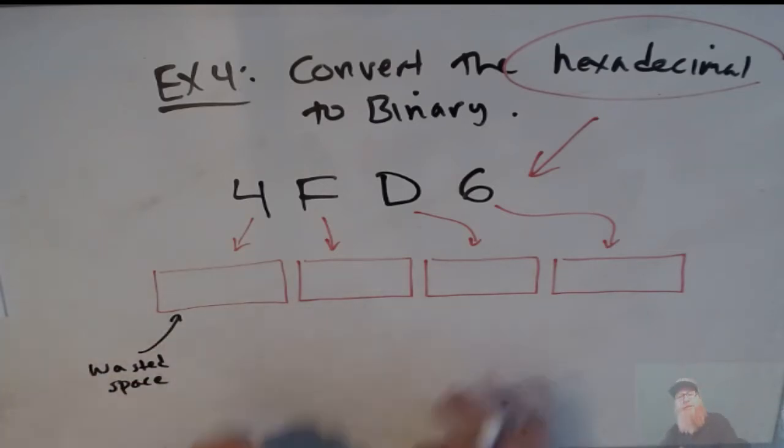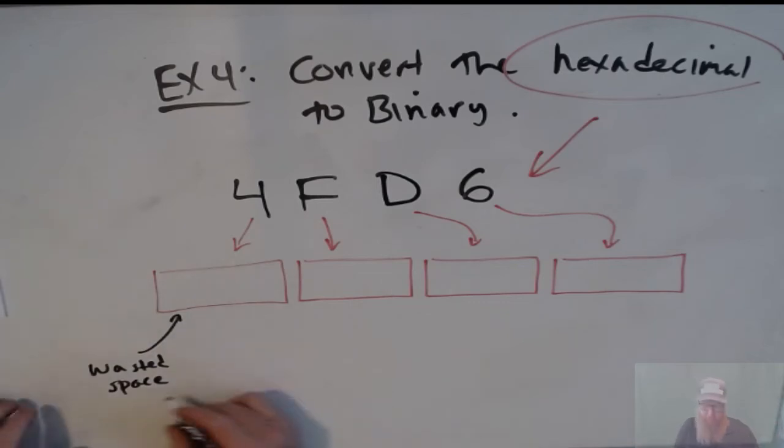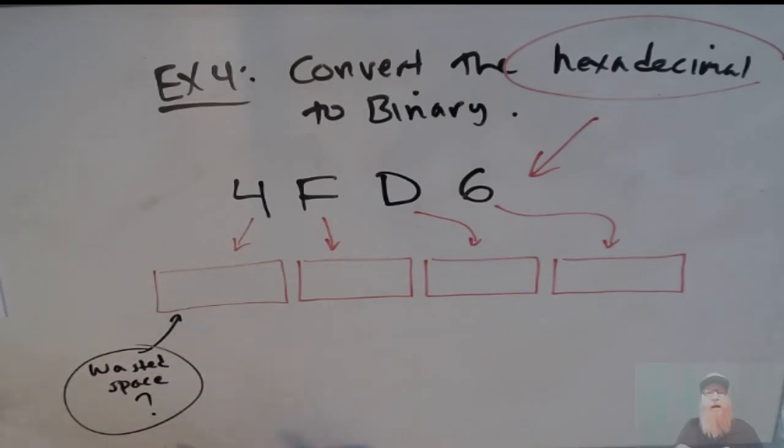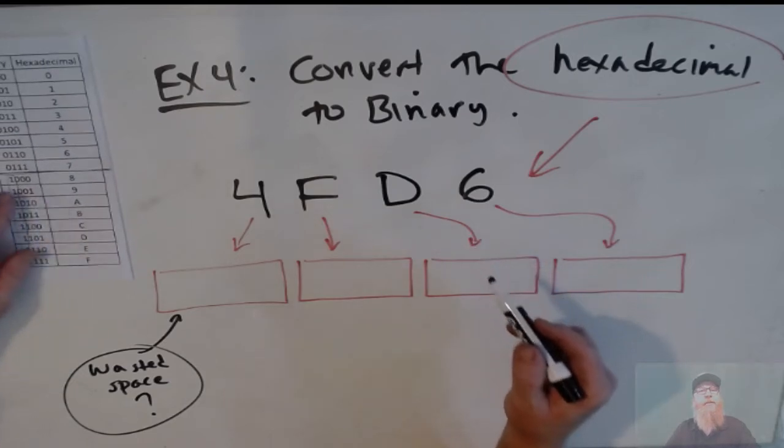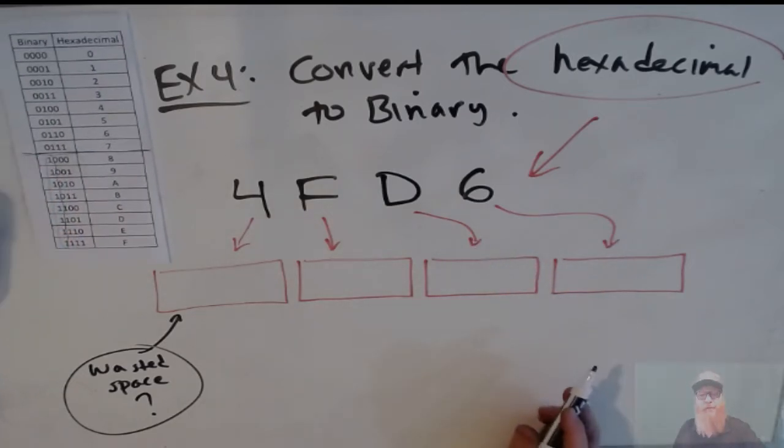This number will take 2 bytes of information. There might be a little bit of wasted space. I don't know. It probably won't be much, but we'll see what we get. You're never going to have as much wasted space as we had with the octal. So we got 6. If you need your reference, you've got your reference here.